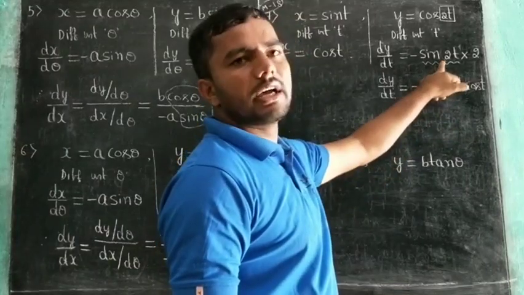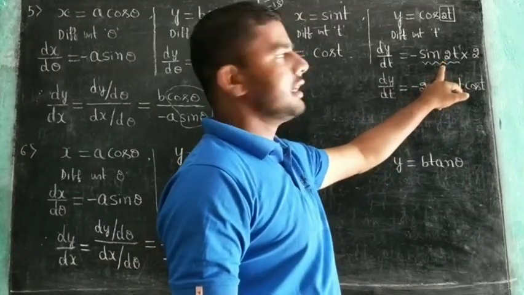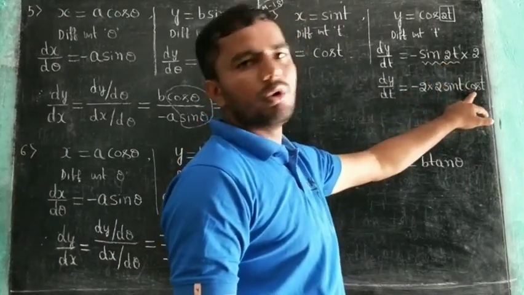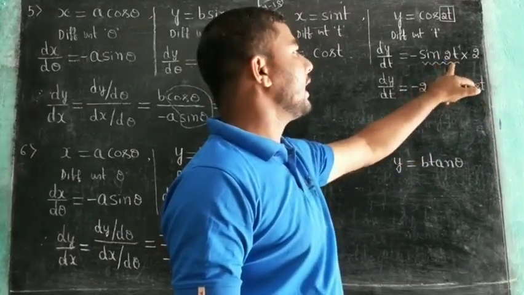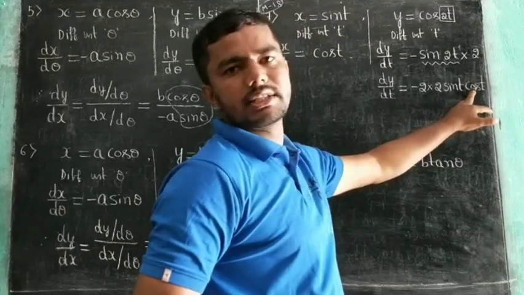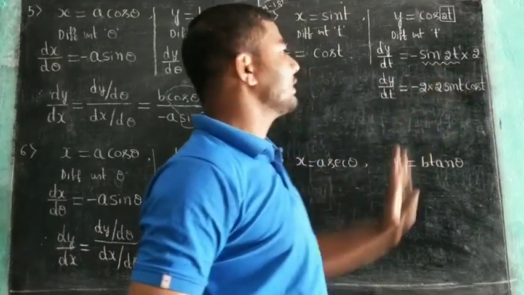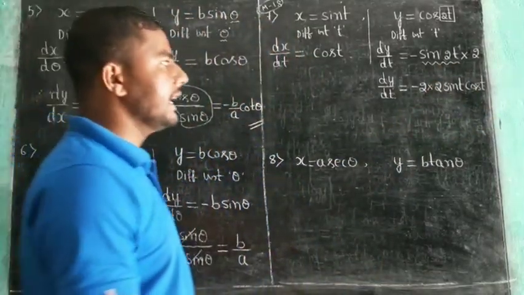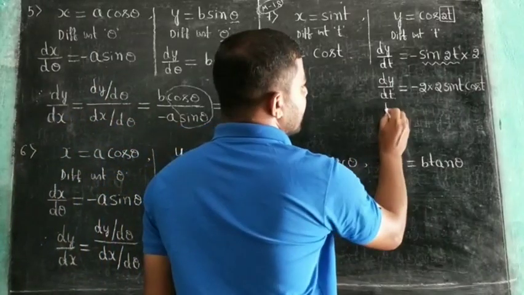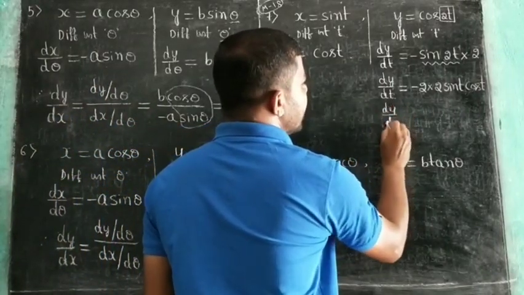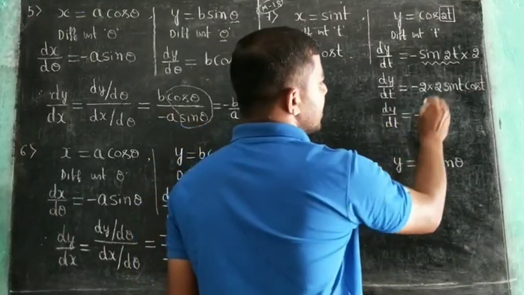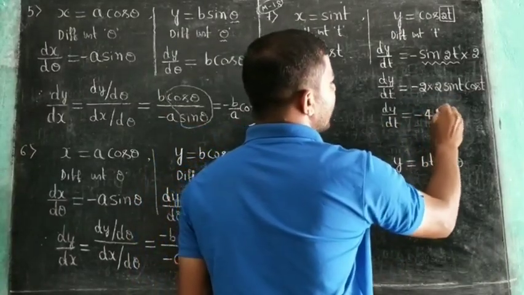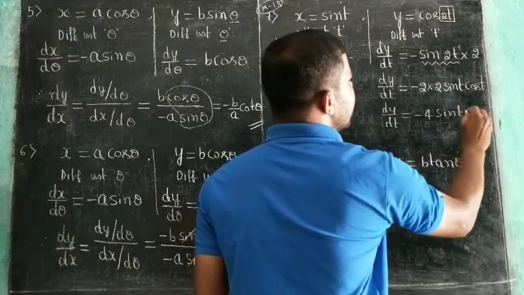The formula for sin 2t is 2 sin t into cos t. Trigonometry formula sin 2 theta can be written as 2 sin theta into cos theta, so we have written it like that. And then dy divided by dt is equal to minus 2 into 2 is nothing but 4 sin t into cos t.